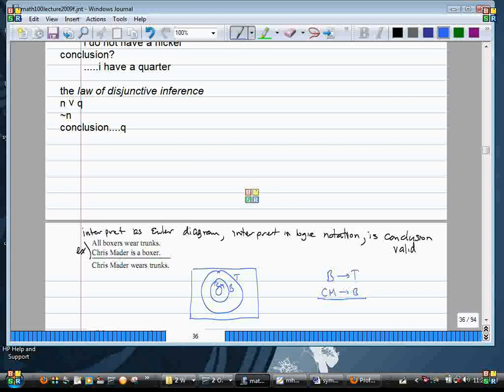Okay. So from these things now, what can we conclude? CM, right, so if CM, then T. So if you're Chris Mader, then you wear trunks. Or in other words, Chris Mader wears trunks.